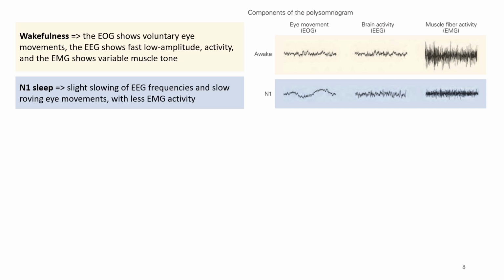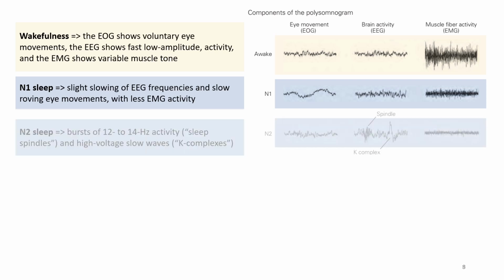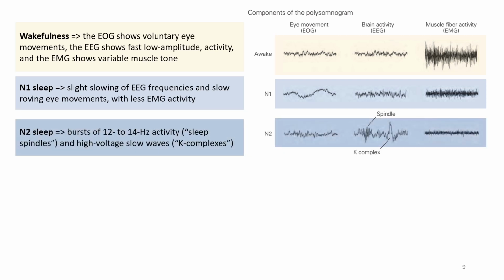During N1, we observe a slowing of EEG frequencies and of eye movements and a decreased muscle activity. During N2, we observe now sleep spindles, which are bursts of 12 to 14 Hertz, and high voltage slow waves, also called K-complexes.